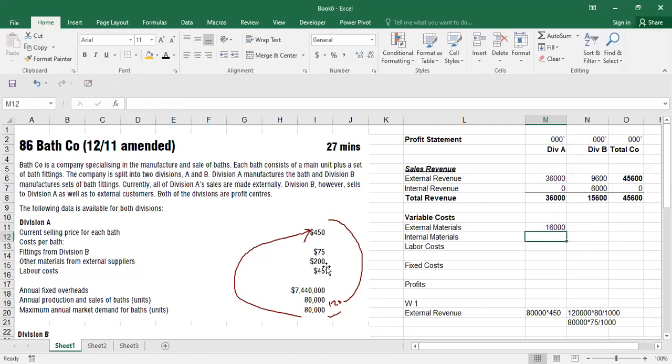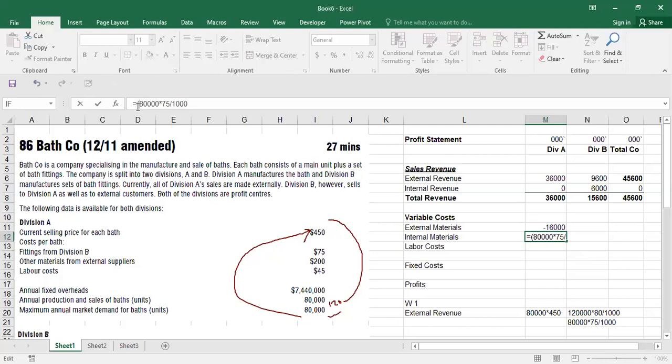And then internal material, they are buying from inside. They are buying 80,000 units internally at the price of $75. And because these are costs, we can just multiply them by -1 so that we get negatives.